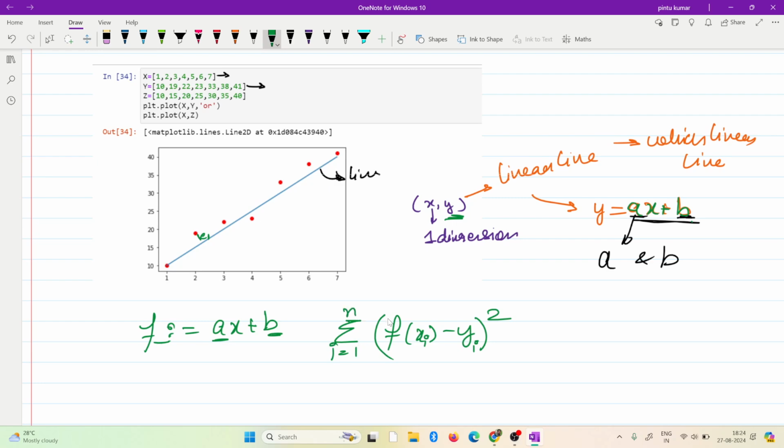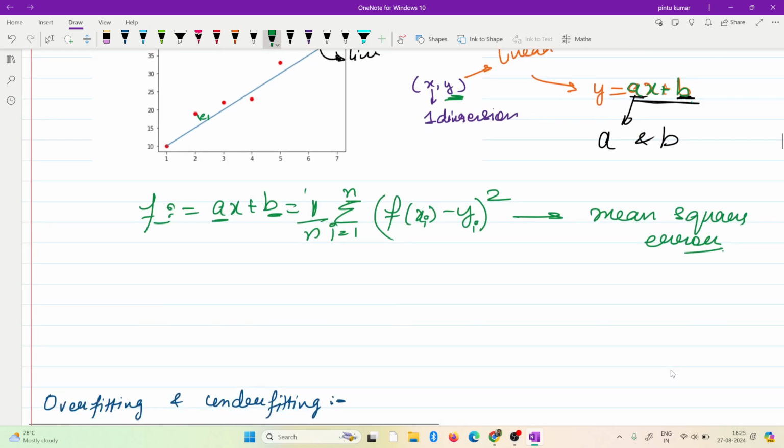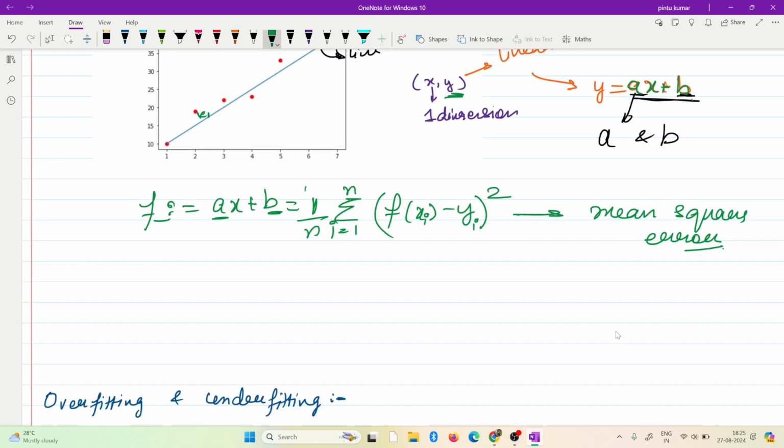In machine learning, you will not have only one data point, you will have many data points. So this is the overall error that you have. You divide by 1 by n also, the total number of data points. So this is called mean square error. Okay, and this is the most commonly used error for a regression task.